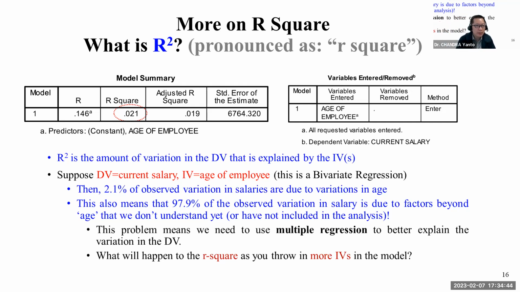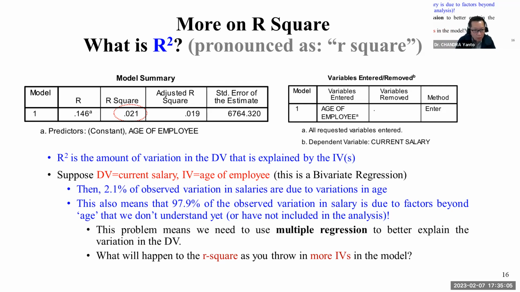You can see here that the R square is 0.021, which means that 2.1% of the variation in people's salary, the dependent variable, can be explained by the age.